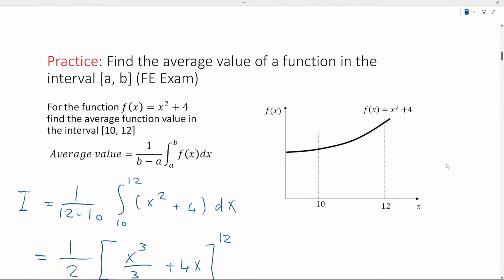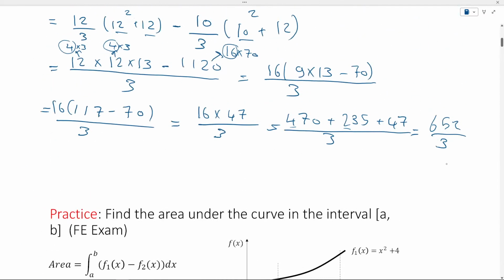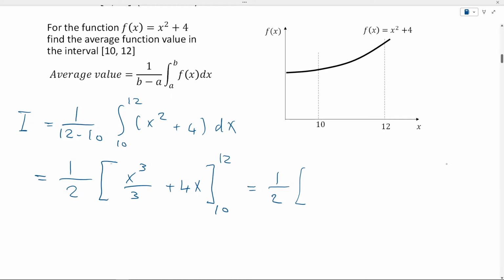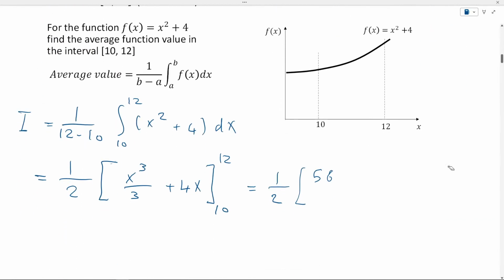So I will get 1 over 2 times 652 over 3.